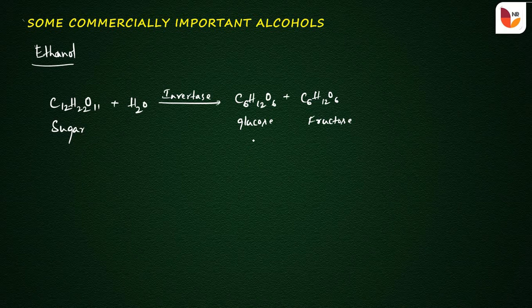Glucose is C6H12O6, and so is fructose. Both get converted into ethanol, C2H5OH, 2 moles, and release carbon dioxide gas.